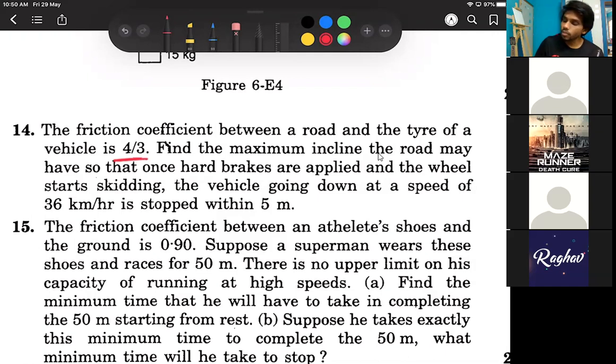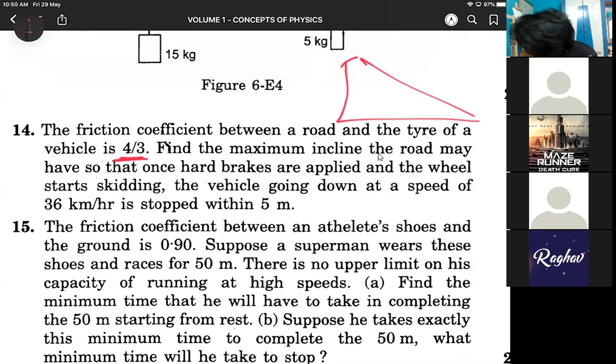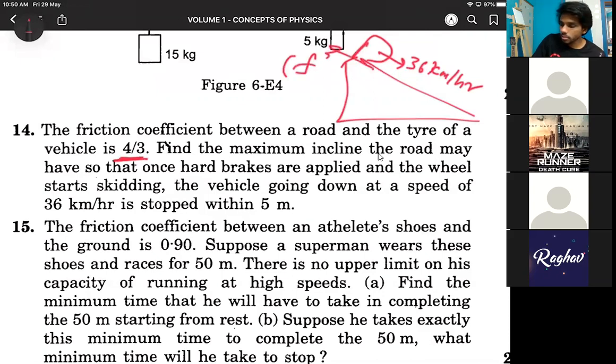So he gives the coefficient of friction as 4 by 3, and he's asking, a car is sliding down, and the vehicle is going down at a speed. He gave the speed as 36 kilometers per hour. You can convert this into meter per second, and you can find the friction from this, mu mg cos theta, mu into mg cos theta.